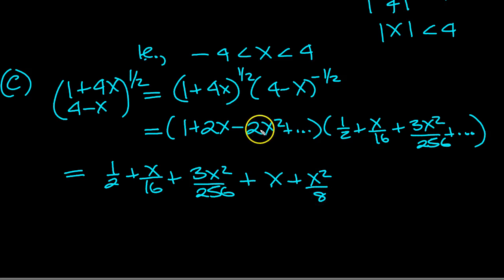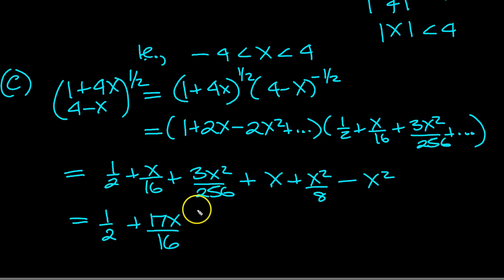That's that done. And then minus 2 times a half is minus 1 lot of x squared. So what have we got then? We've got a half, and that's all, constants wise. And then we've got an x over 16 plus an x is 17x over 16, isn't it?